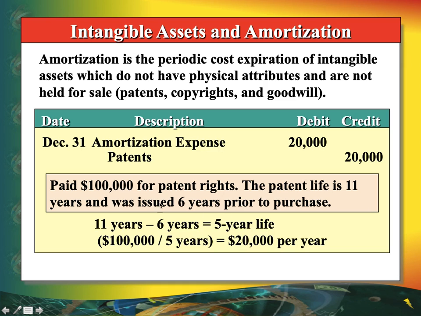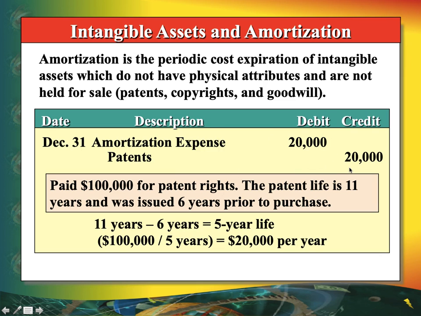And then because you paid 100,000, you have to divide 100,000 by 5 years. It means you have to amortize $20,000 per year. The journal will be amortization expense on debit and patent on credit for $20,000.